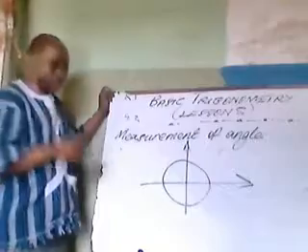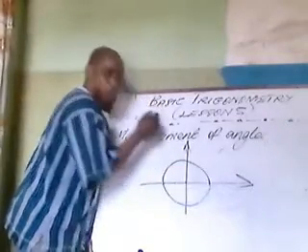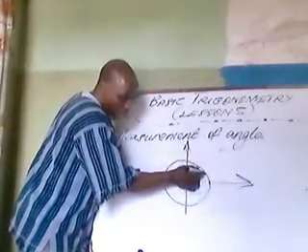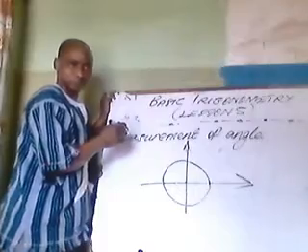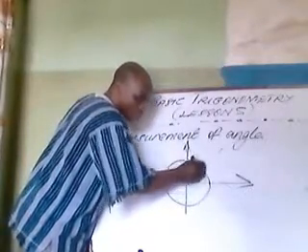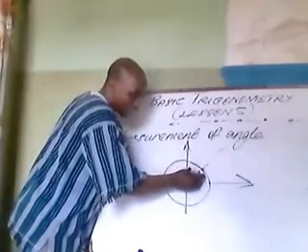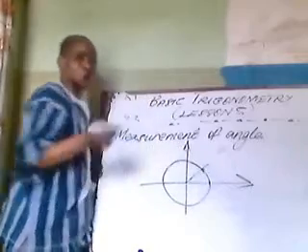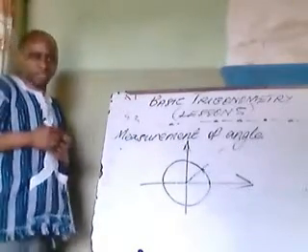Now, as you start describing your revolution, that's the circle, you will be describing a circle along the circumference. And as you are describing this circle, you are equally describing an arc. You know an arc is a part of the circumference of a circle.